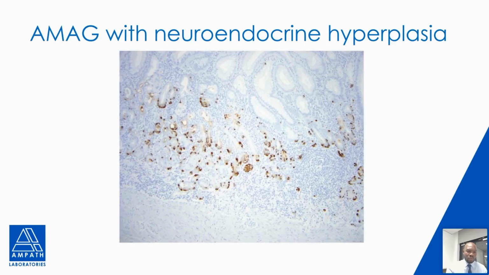This is also helpful for diagnostic purposes because this neuroendocrine hyperplasia tends not to occur in autoimmune pangastritis. So when you see that, it takes you away from autoimmune pangastritis as a diagnostic consideration if you don't have a full set of biopsies available for assessment.